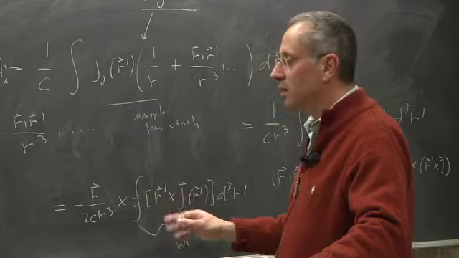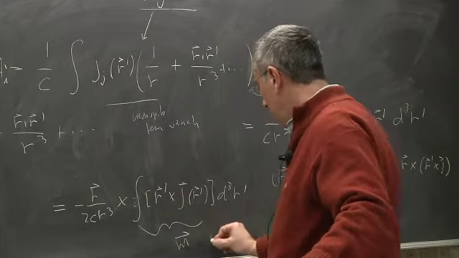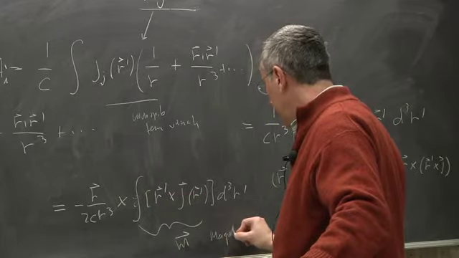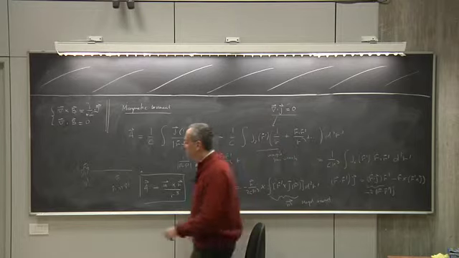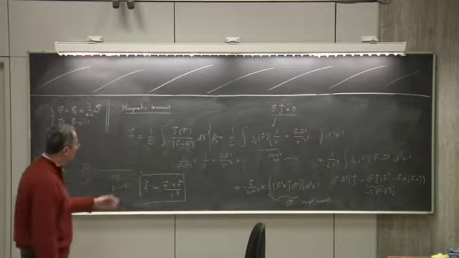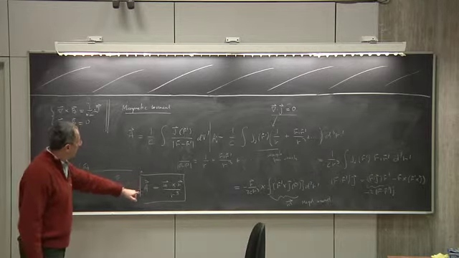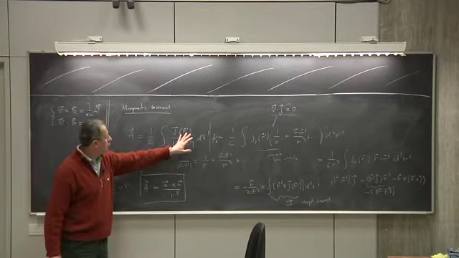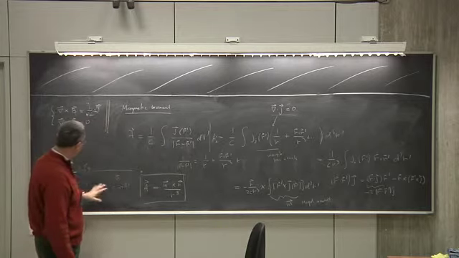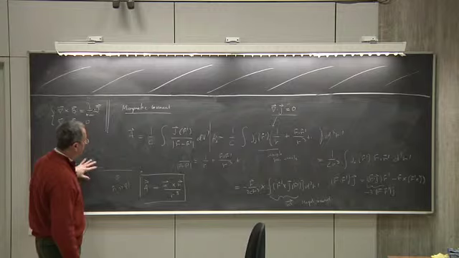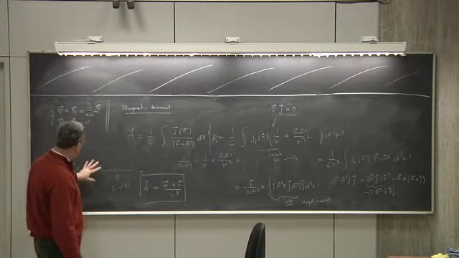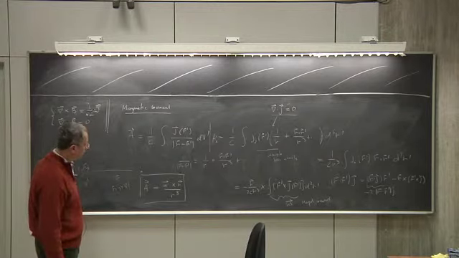This something I call the magnetic moment of this density of charges. So this is the leading term in this general solution of the vector potential for some distribution of elementary currents in this volume.